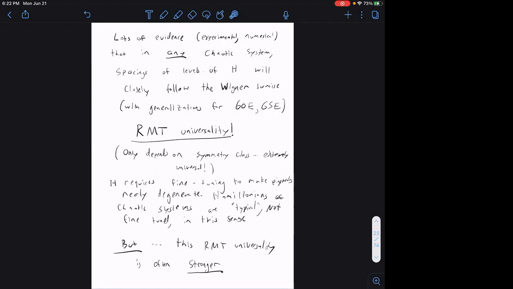So this statement about the random matrix universality is basically telling us that chaotic systems are generic in that sense. The Hamiltonian of a chaotic system is not finely tuned. So it's not random, but it's not finely tuned so that the eigenvalues have these nearby almost degeneracies.